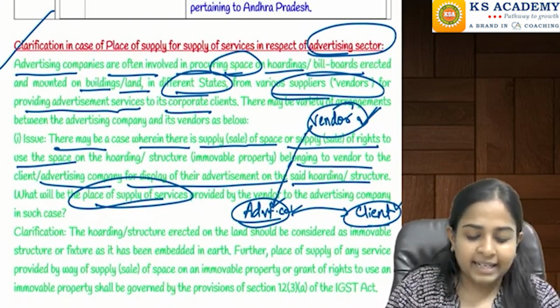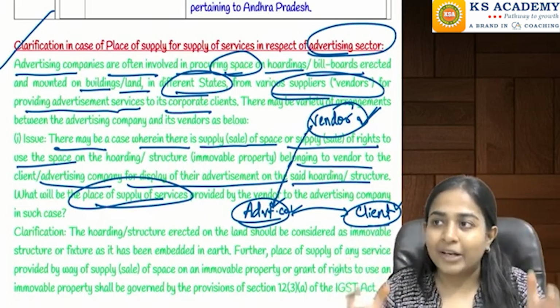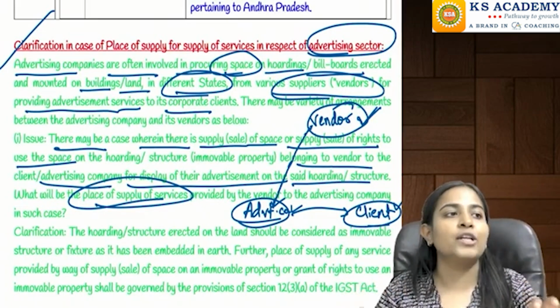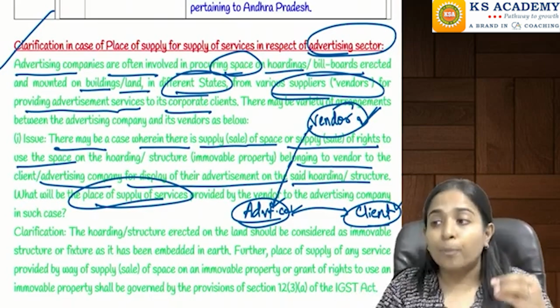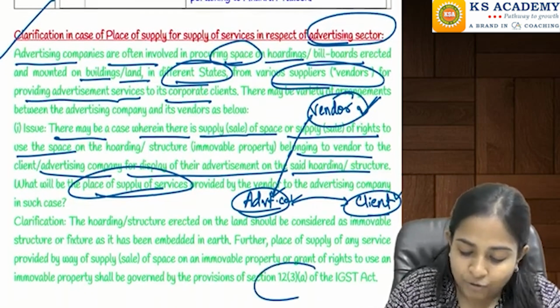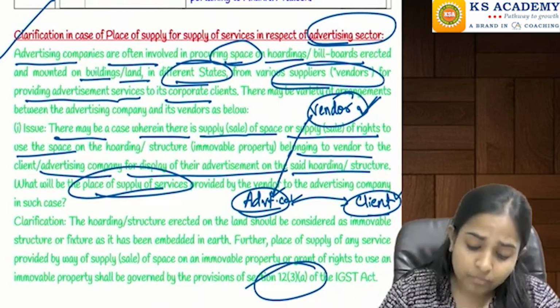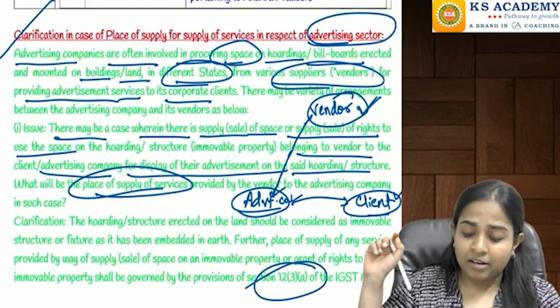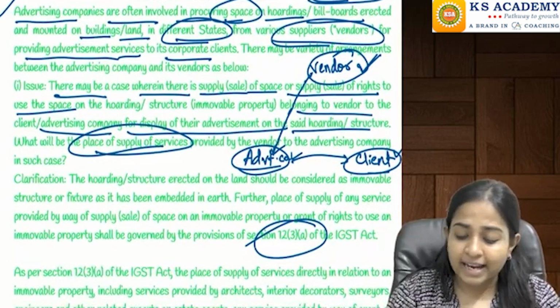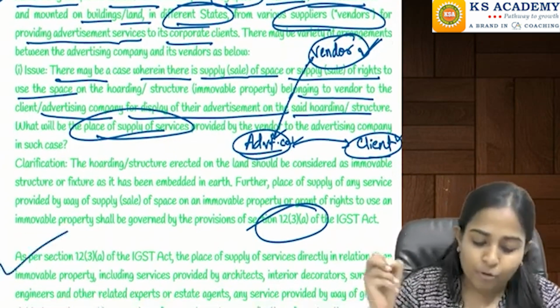For that they are telling that since you are using an immovable property, building, land, etc., to provide such service, in that case you will have to refer to section 12.3. Section 12.3 was the place of supply where services are supplied directly in relation to an immovable property.